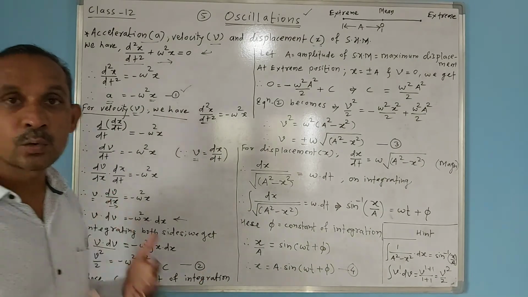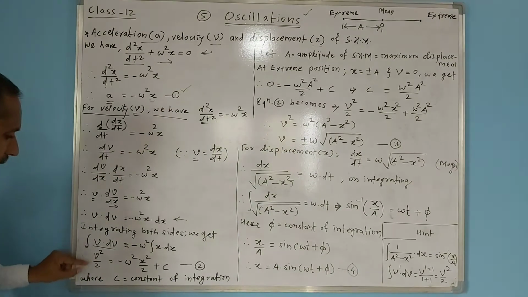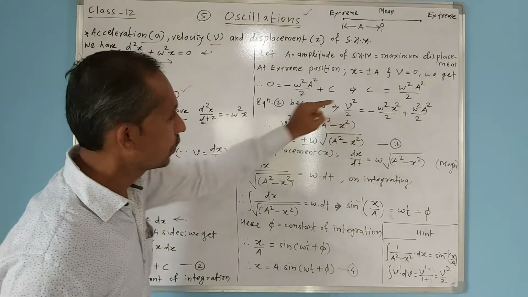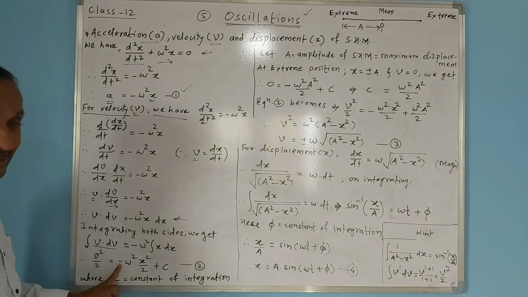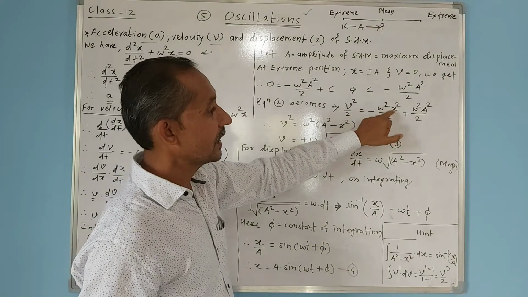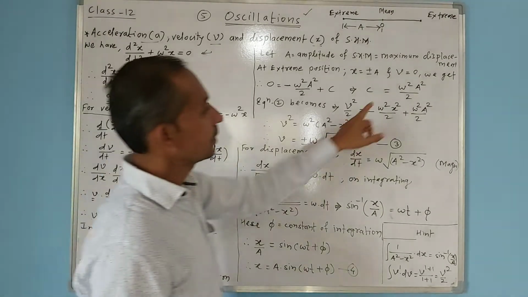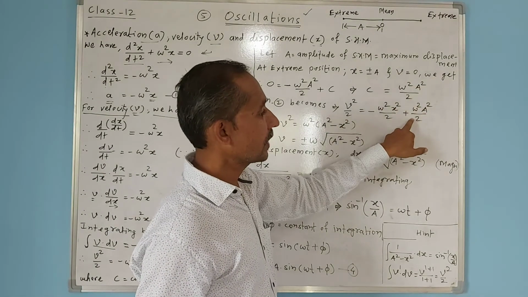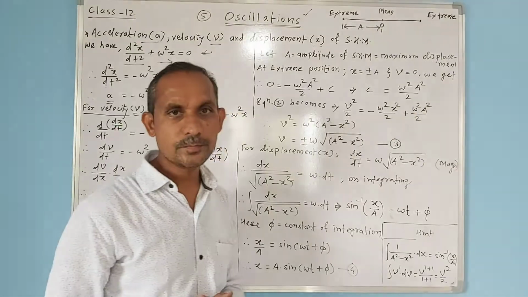So equation number 2 becomes v square by 2 equals minus omega square x square by 2 plus c, where c is omega square A square by 2.